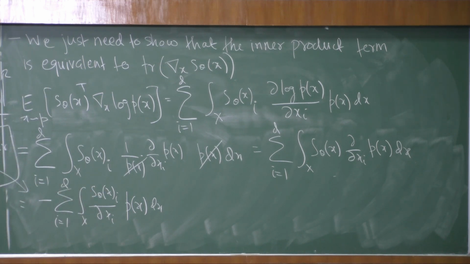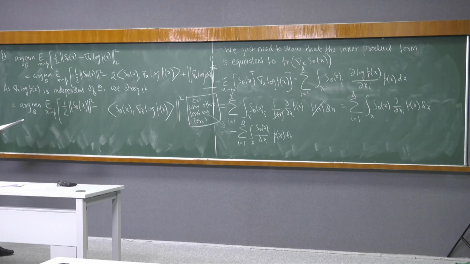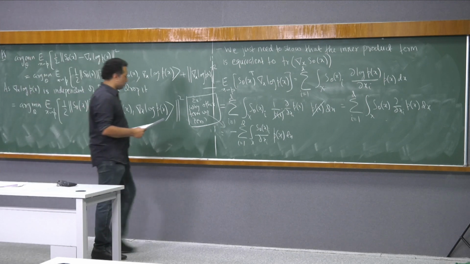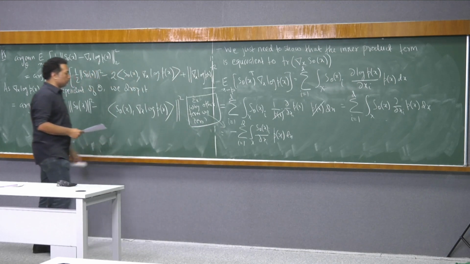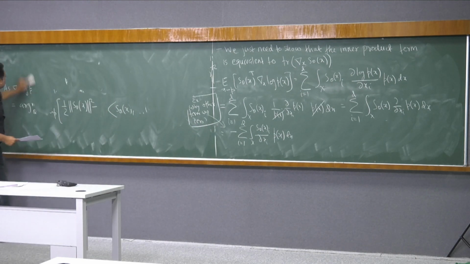So take the gradient of s theta with respect to x, and only look at the diagonal entries. I hope you are able to figure this out. This, we claim, is the trace. Basically, it's a notation thing: how should I look at this? What I'm saying is that I see this as a trace.